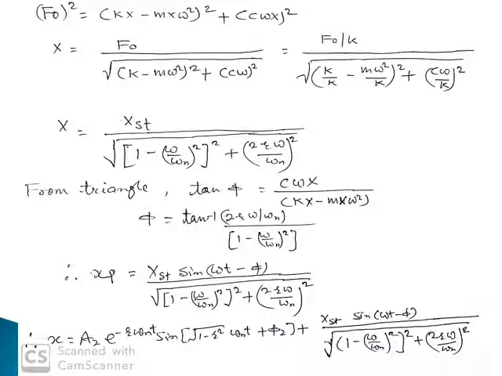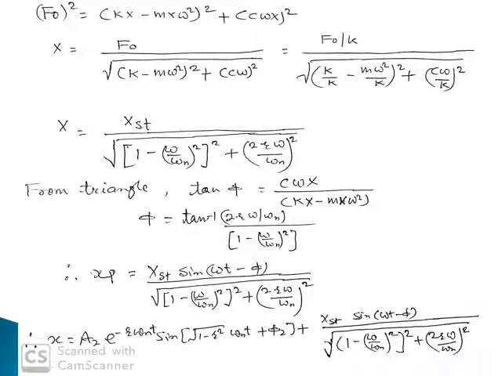And therefore the particular part of this solution will be equal to x static sine (omega t minus phi) divided by this factor. So the complete solution x_c plus x_p is x equals A2 e to the power minus zeta omega n t sine (square root of 1 minus zeta square, omega n t plus phi 2).